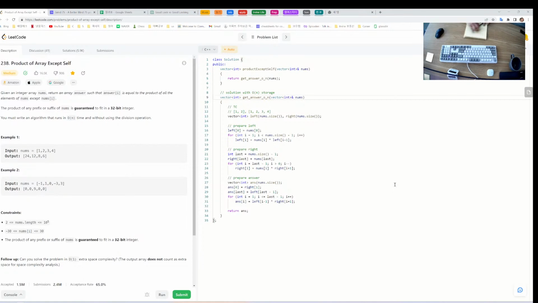So let's think about how it can be done. One way we can do that is somehow we will have num. We'll have a 1, 2, 3, 4. We'll have this num and we'll have some answer.